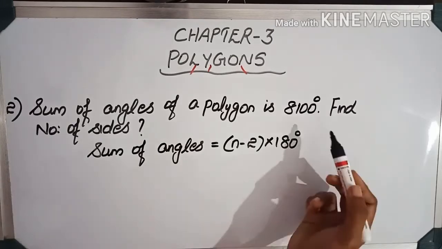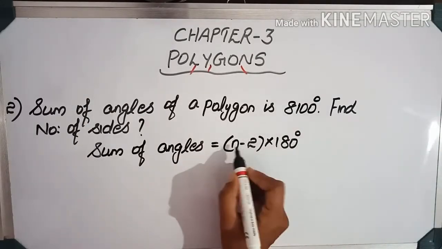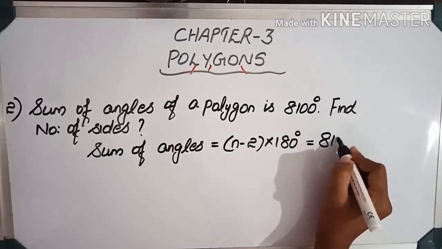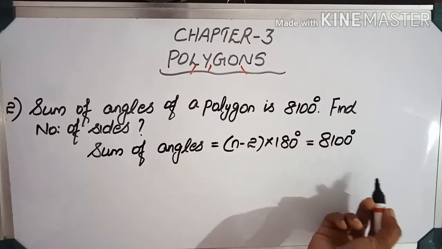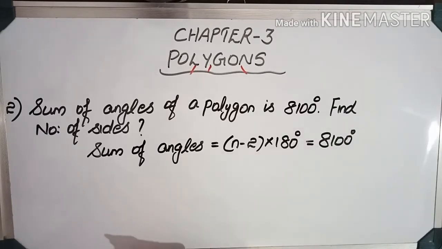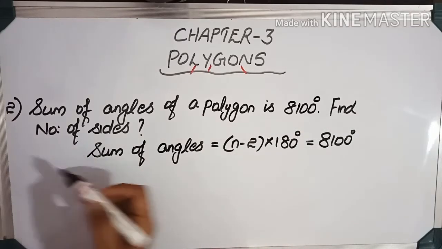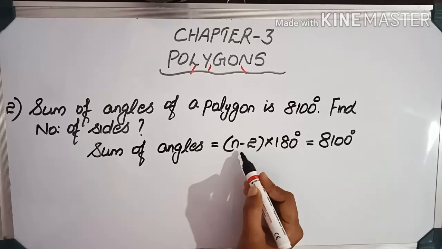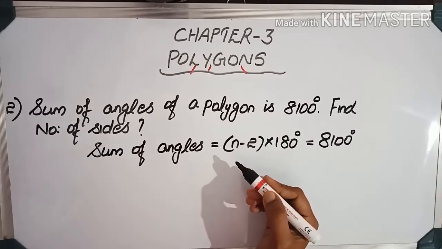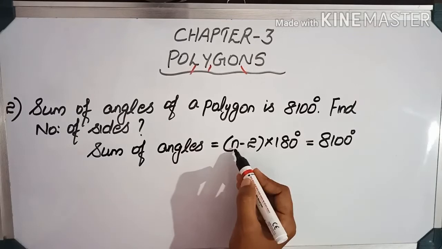In the question it is already given that the sum of angles is 8100, so this equals 8100. From this we have to find the number of sides, that means n. We can use the previous chapter method, taking terms one by one to the other side in order to find n.